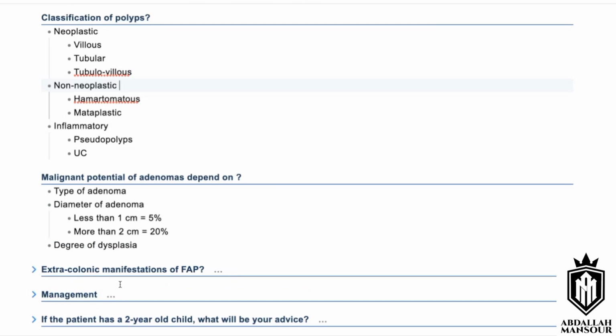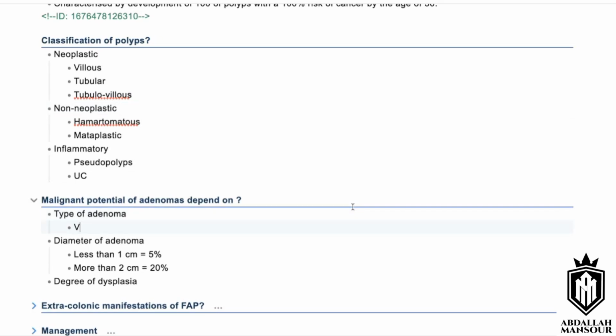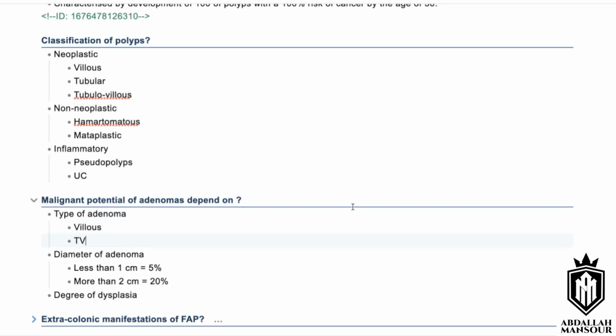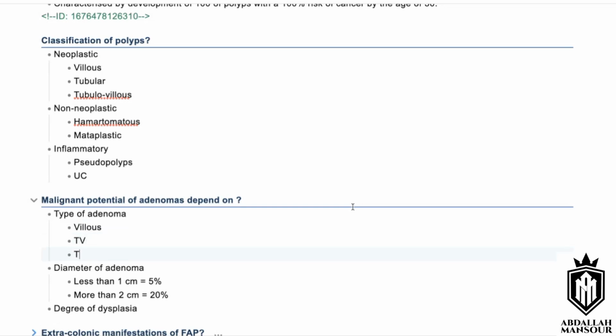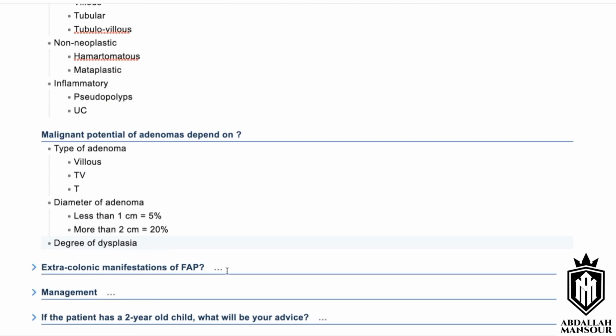So I would say between 1 and 2 is the highest risk, and more than 2 is almost a definite risk. It's a risk of 20%. Type of adenoma: what type can lead to carcinoma? It's the villus adenoma. Yeah, villus, tubulovillus, and also the tubular type as well. And finally, the degree of dysplasia.